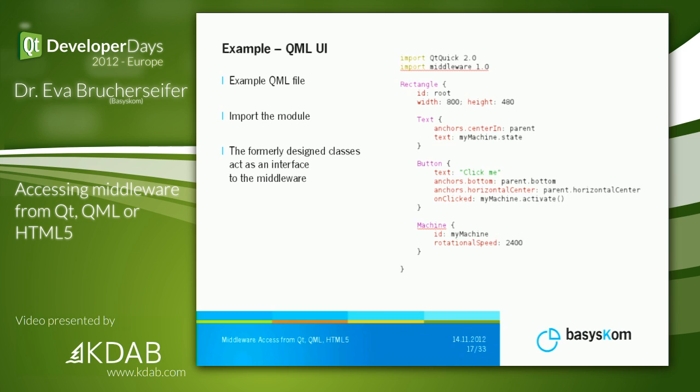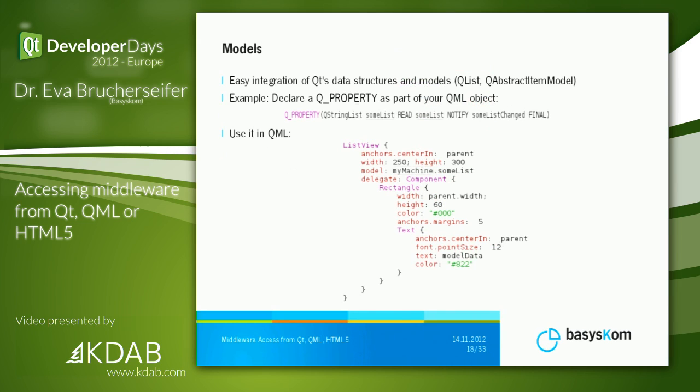On the top you see the import statement. We have written a plugin, so we can use the import statement to really import the plugin, and then we get all the classes.